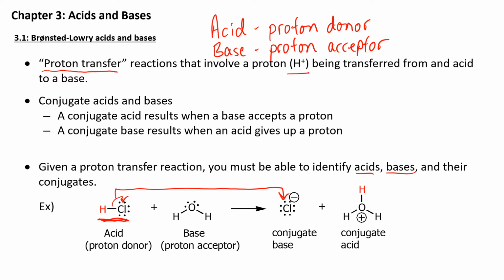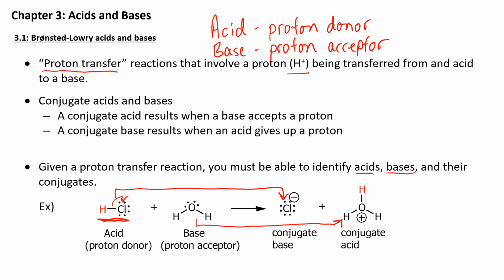So HCl has donated a proton, therefore it's the acid. If you look at water, water has accepted an H+. Therefore it's the base. It accepted a proton, so it's the base.